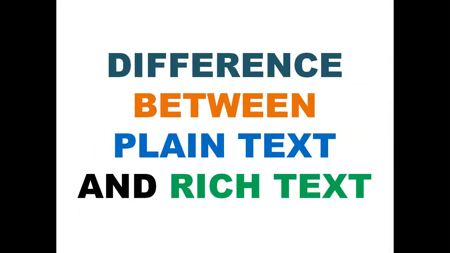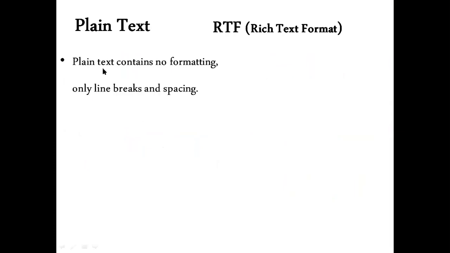Now we'll see what's the difference between plain text and rich text. Plain text is text that contains no formatting. Of course, there are some common formatting options which you can apply for a text: bold, italic, underline.